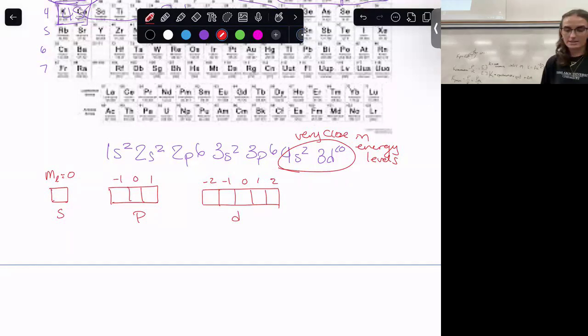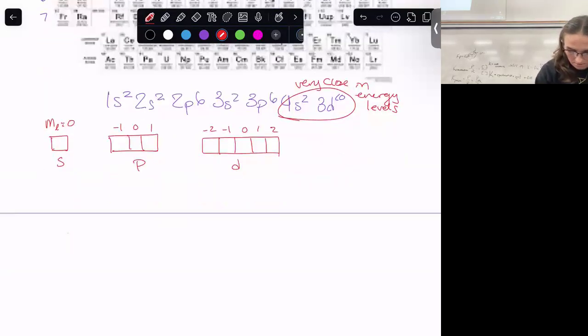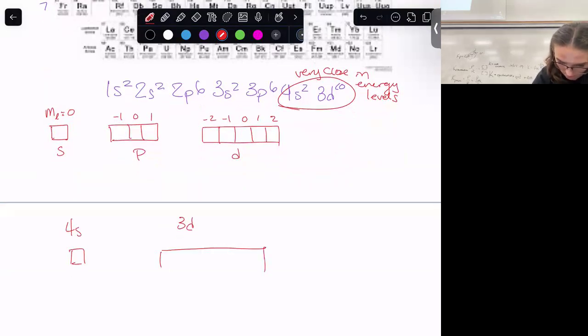When we're looking at 4s and 3d10, right, what did we say about electrons? Do they like to be unpaired or paired? They like to be unpaired, right? So when it has to, it has to be up and down spin.